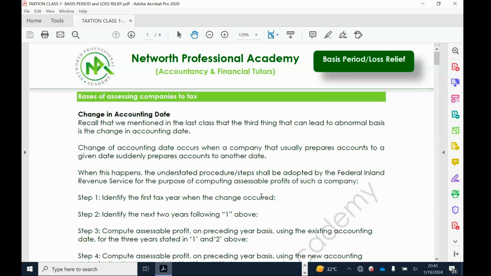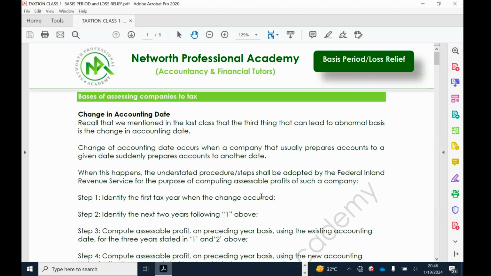Because if it would be up to 12 months in the first year of trade, it means that they must have started the business exactly on the 1st of January. And we all understand that on the 1st of January, nobody wants to work. Everyone is with their families, eating New Year chicken and turkey and all of that. So definitely the basis for that first year will be less than 12 months.